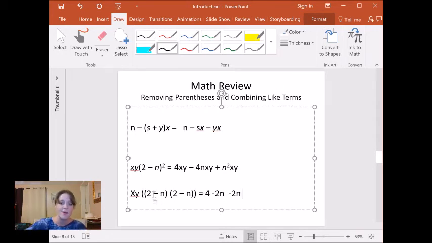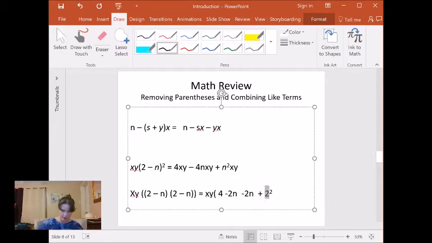And then last: negative n times negative n would, of course, be a positive n squared. But I still have this xy left over that was on the outside of all of this.